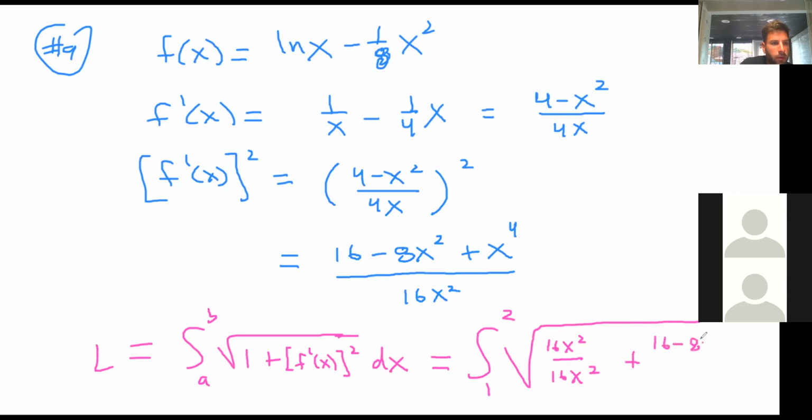And then I'm going to plug this piece in. So I'm sort of planning ahead. Instead of writing the number 1, I'm writing it so that it has a common denominator. So again, you might have to take a moment to see what's happening here.